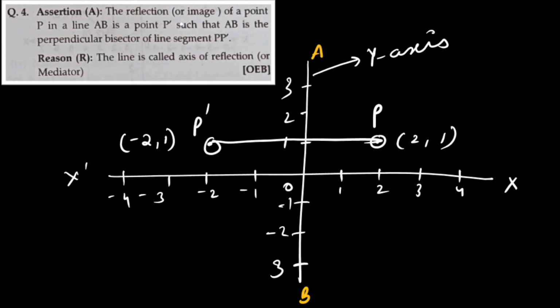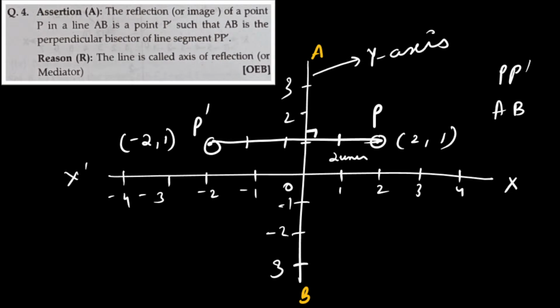The reflection of a point in the line AB is P dash such that AB is the perpendicular bisector of the line segment. So PP dash is also a line segment, AB is also a line segment. They are telling AB is the perpendicular bisector. That means AB is perpendicular and AB also bisects this line. So bisect means if this is 2 units, the other side is also equal to 2 units. So is it true?